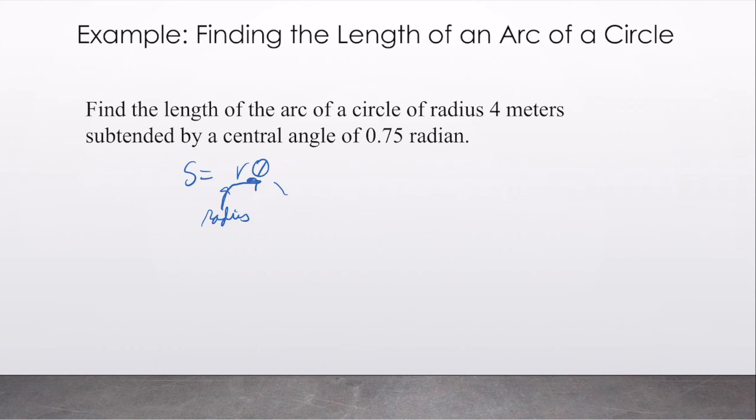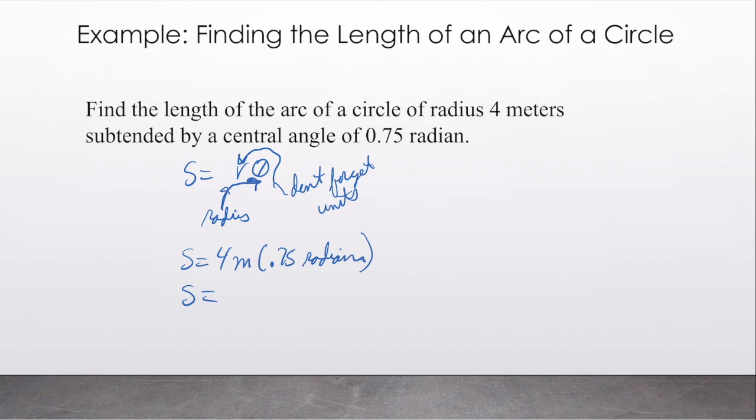And for this one, don't forget units. Units are important. So I have S equals 4 meters times 0.75 radians. So S equals 3 meters, right? We measure arc length in meters, not in radians.